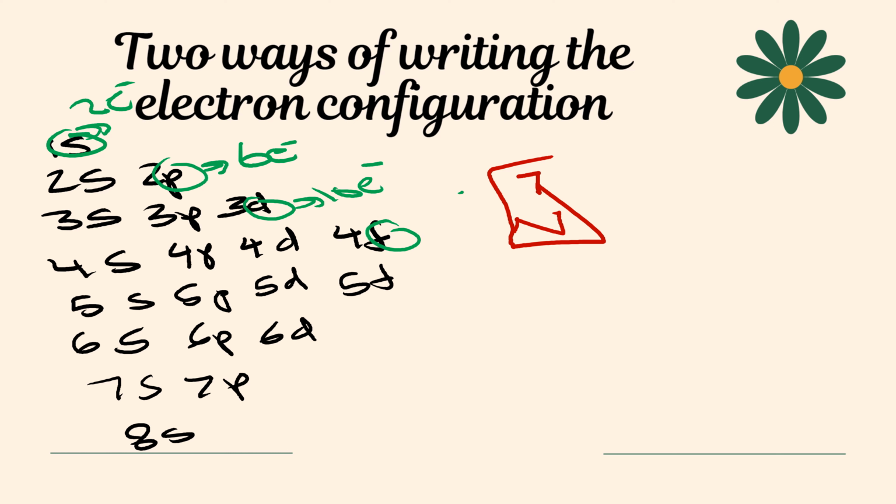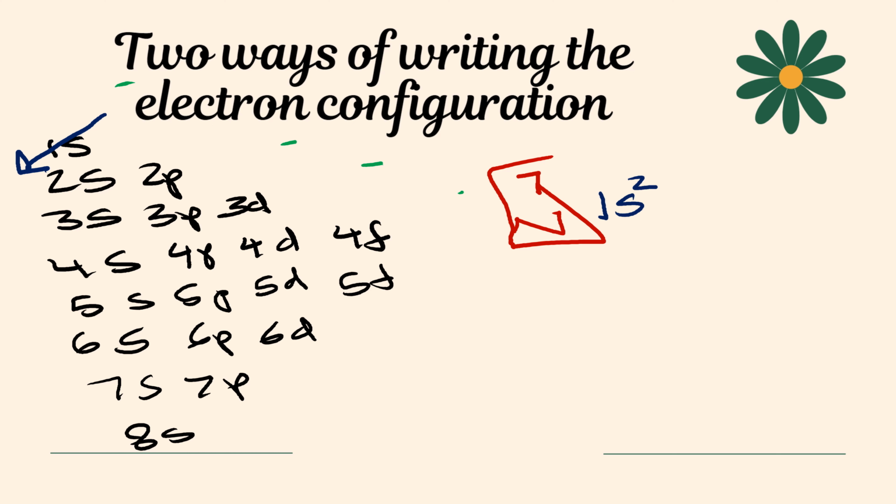So let's erase this. If we want to write the electron configuration for nitrogen, we start with 1s, and we know that s can hold 2 electrons, so we write 1s2. S can't hold more than 2 electrons, so I can't write 1s3 or 1s5. That's incorrect.